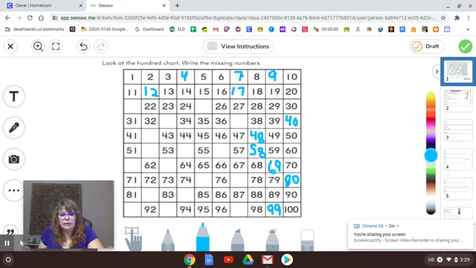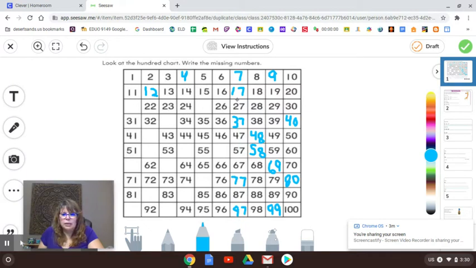Now look, if the digit in the ones place is a 7, we have 17, 27, then it would be 37, 47, 57, 67, 77, 87, and 97. So it's just following a pattern.